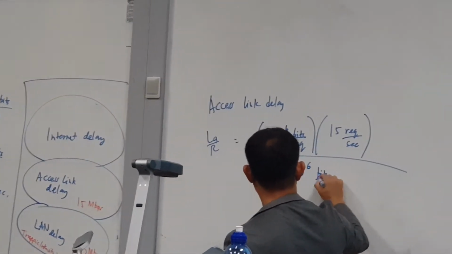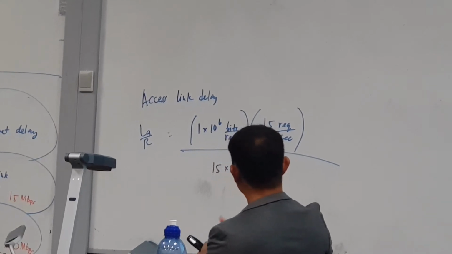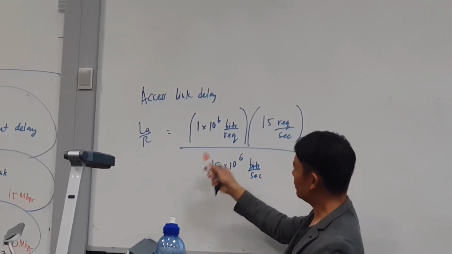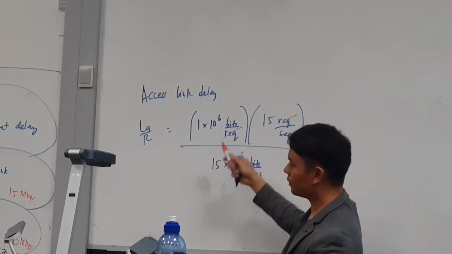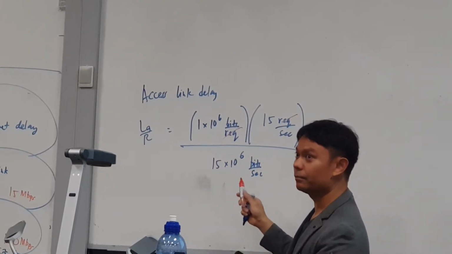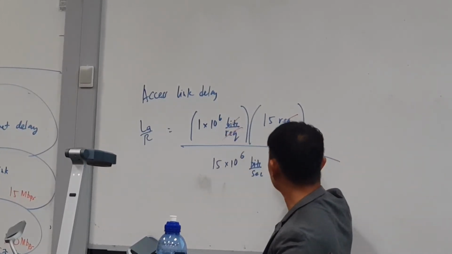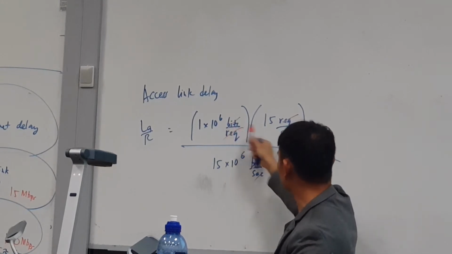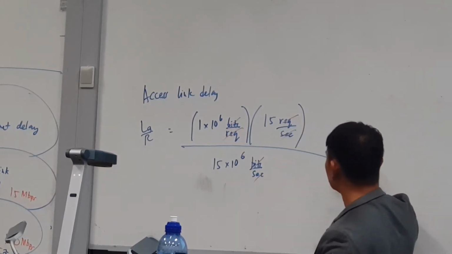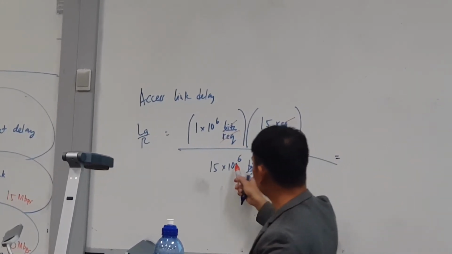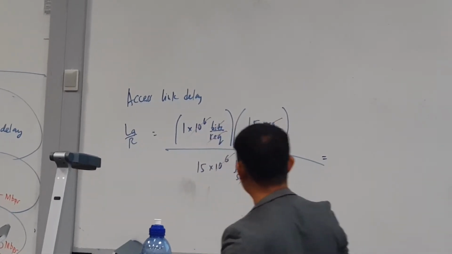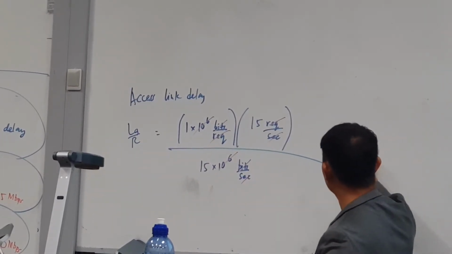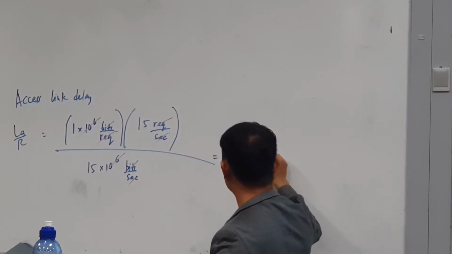It's not bytes. You need to remember that we're not using bytes as a unit here, but megabits. The bits per second cancel out, the times 10 to the 6 cancels out, and then we have 15 over 15, which is equal to 1.